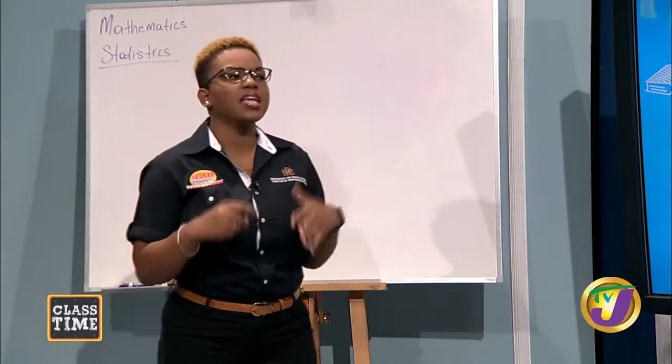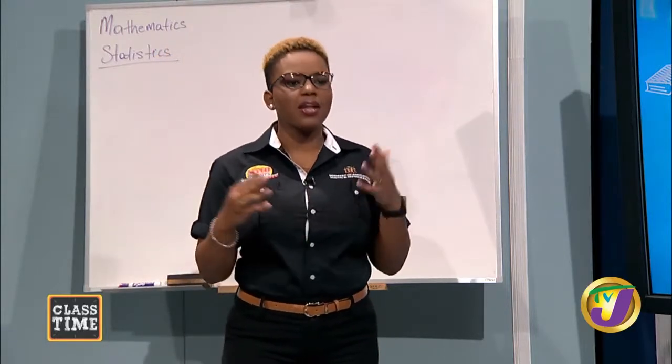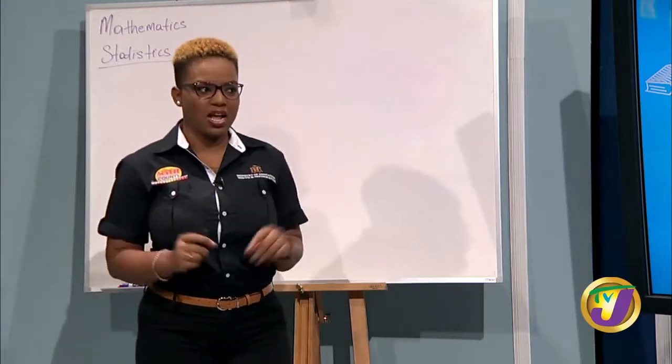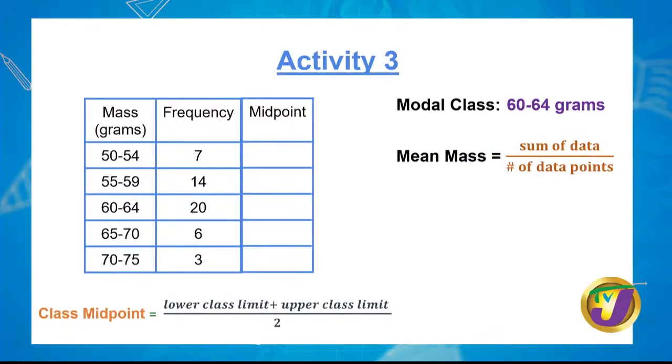Or you can just say finding the mean of the upper and the lower class limit for each class interval. All right? So we're just going to do that quickly. For the first class, our midpoint would be 50 plus 54 divided by 2, right, Tyrone? Yes, so that would be 52.